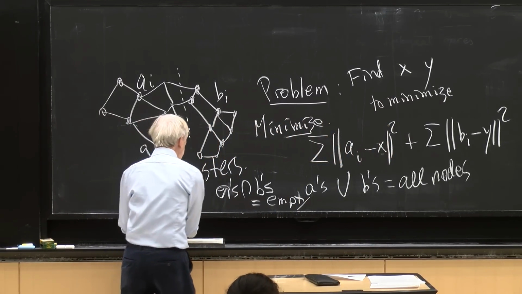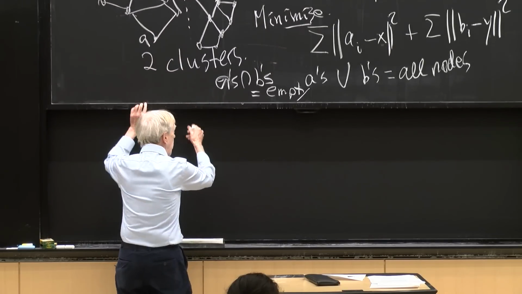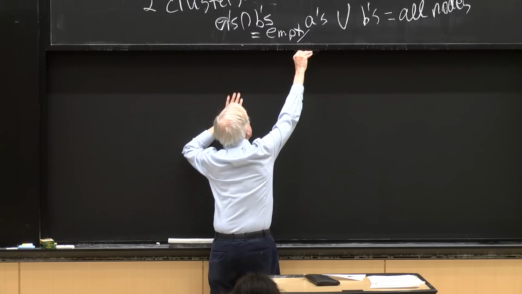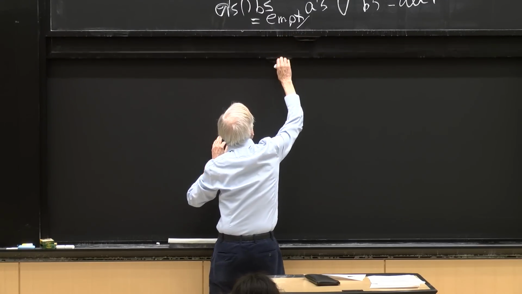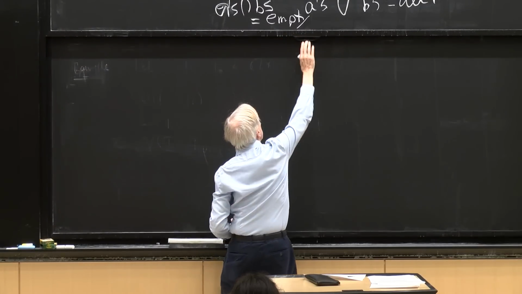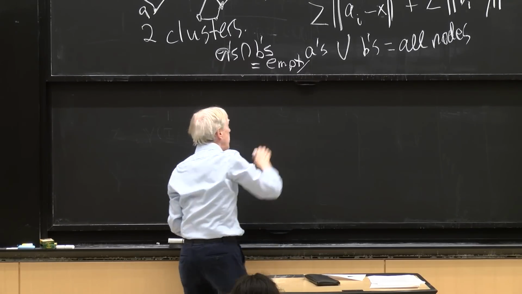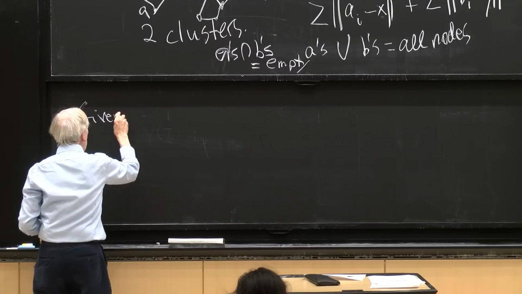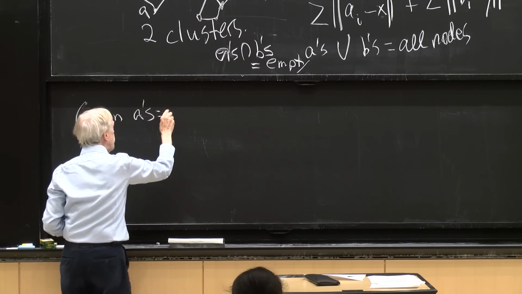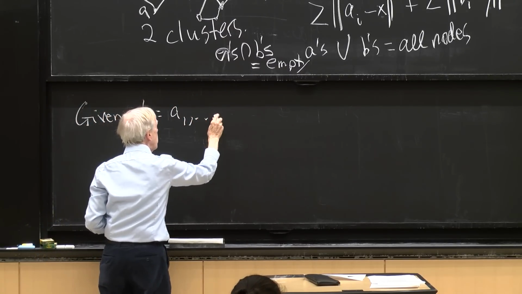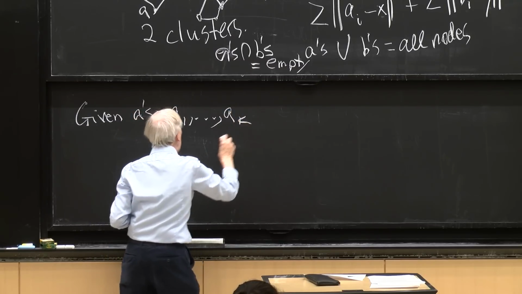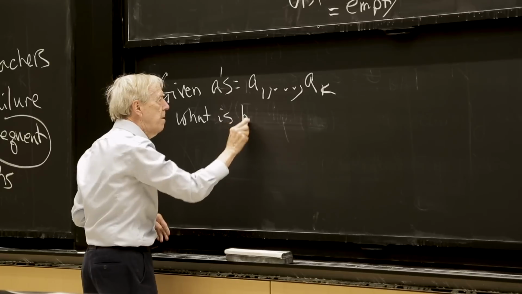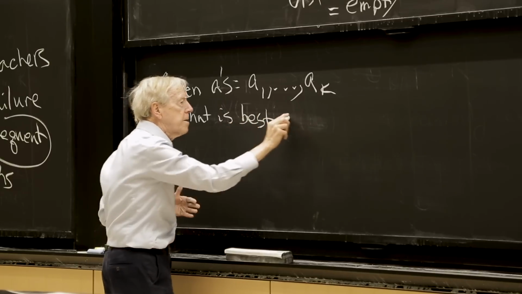So given the A's, this is A1 up to, say, AK, what is the best X?